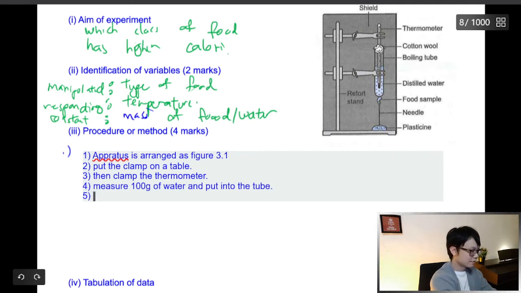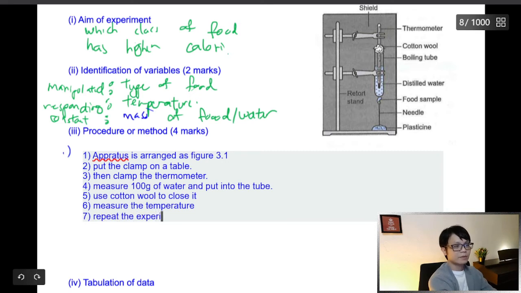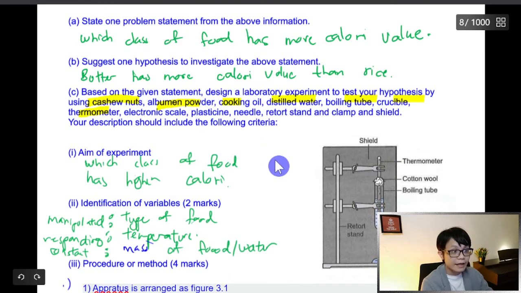Use cotton wool to close it. Maybe then you can say measure the temperature, okay. Then maybe we can say repeat the experiment with other food such as cooking oil and albumin powder.